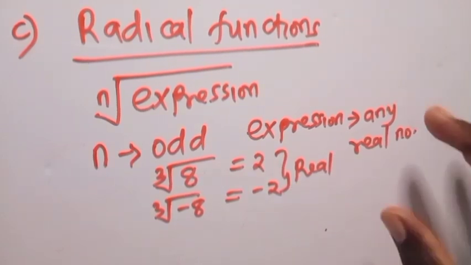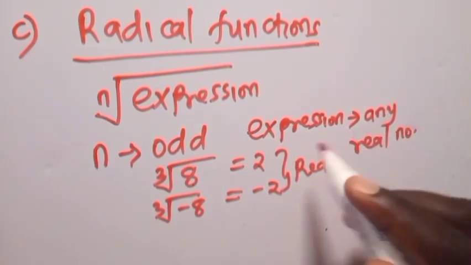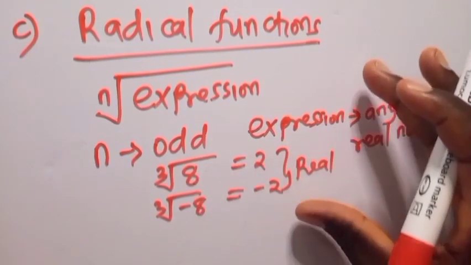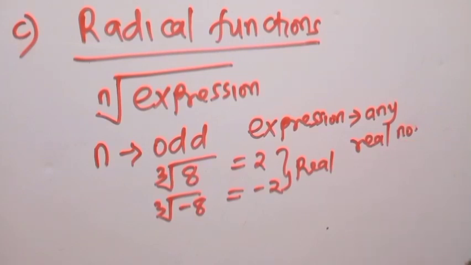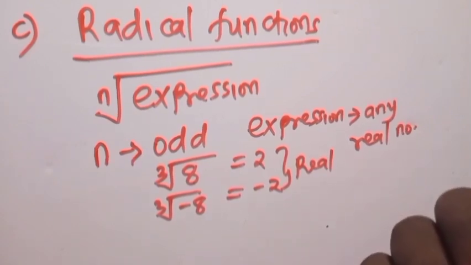That means that the domain of radical functions with an odd index is all real numbers. Then the second rule is that we cannot divide by 0.